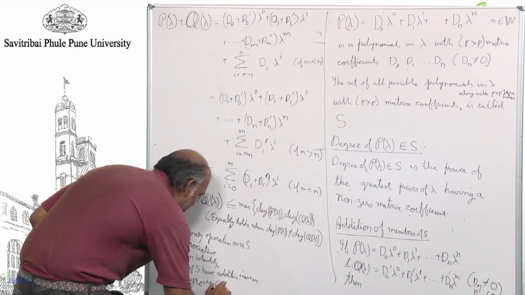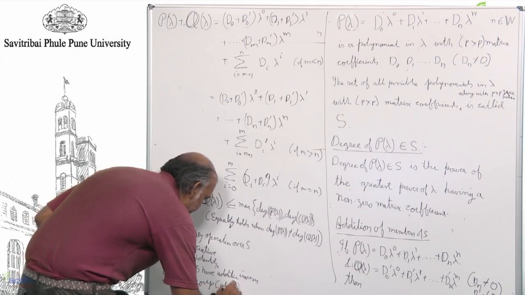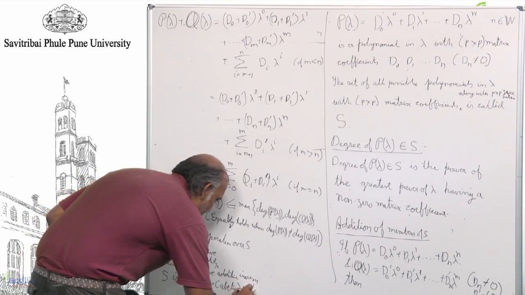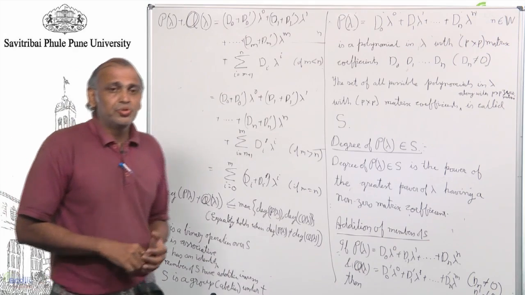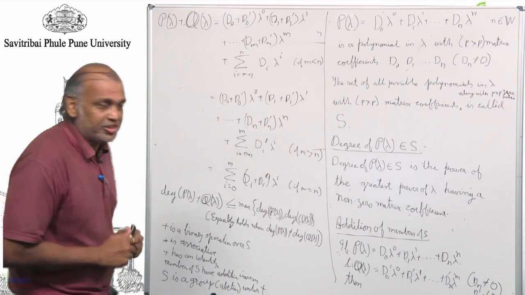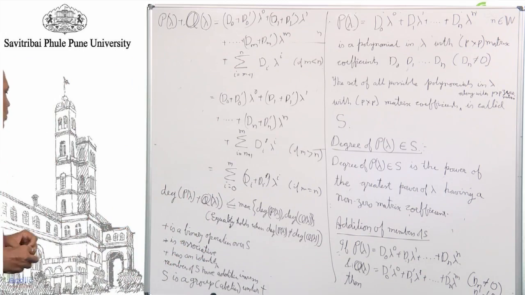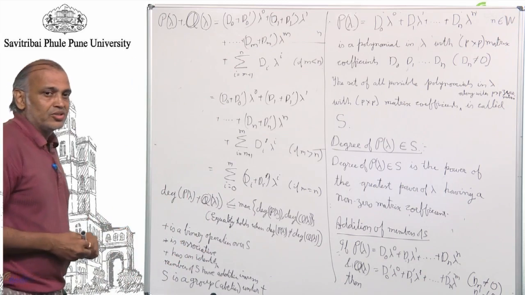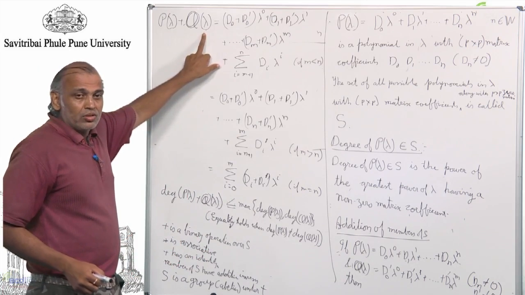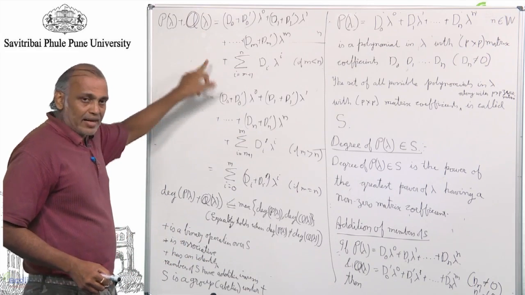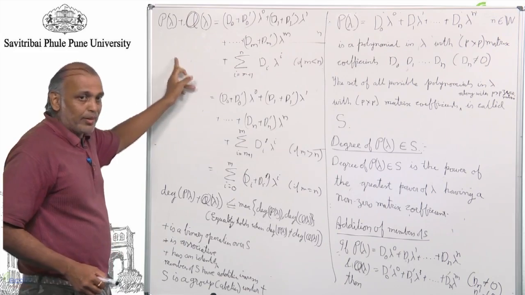In fact, it's an abelian group, much in the same way as you deal with polynomials with real and complex coefficients. So S is a group, abelian under plus. It doesn't matter if you do p of lambda plus q of lambda, or you start with q of lambda and then add p of lambda to it, so q of lambda plus p of lambda.